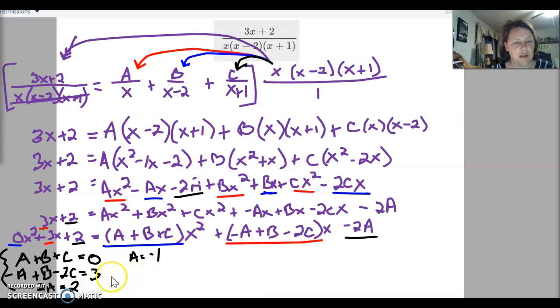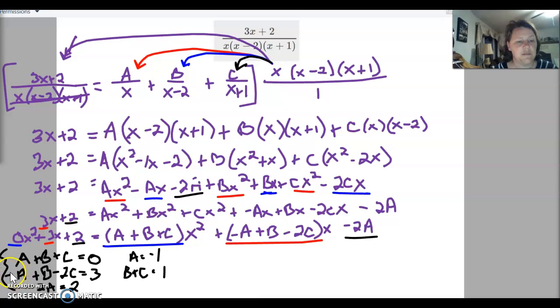So now let's rewrite our other two equations. So if a is negative 1, plug in a negative 1 for this a, add it to both sides, we would get b plus c equals positive 1. So b plus c equals 1, and then in this next one, plug in our negative 1 to a. We would have the negative a.